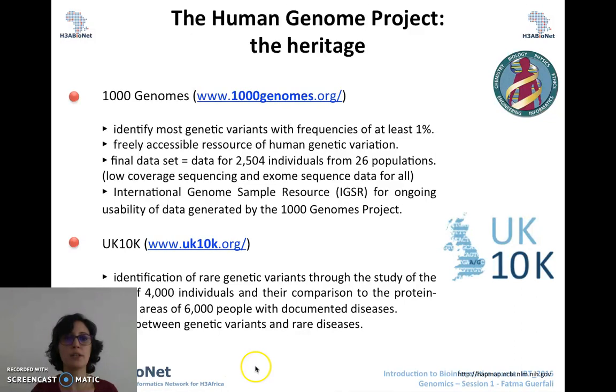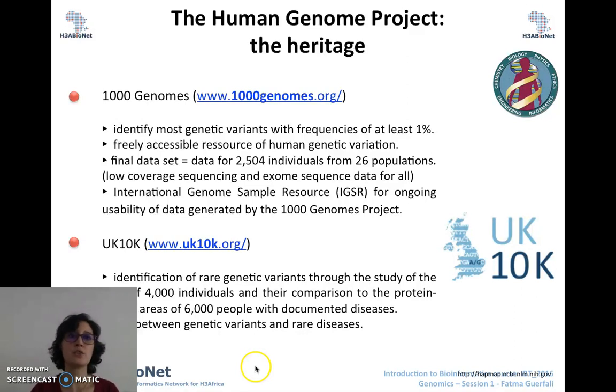The goal was to identify most genetic variants with frequencies of at least 1% in the population studied. The project relied extensively on the development of sequencing technologies. The data contained in the 1000 Genomes Project was from 2,500 individuals among 26 populations.